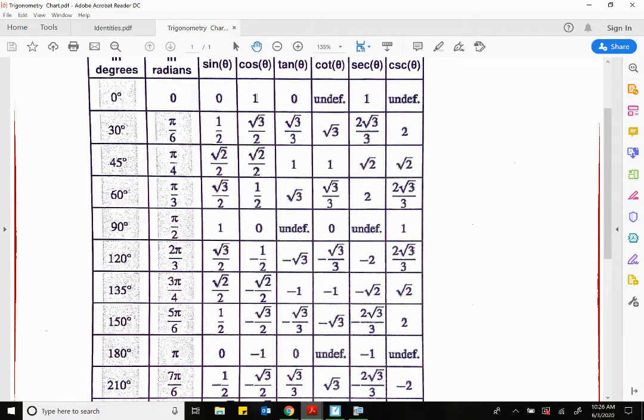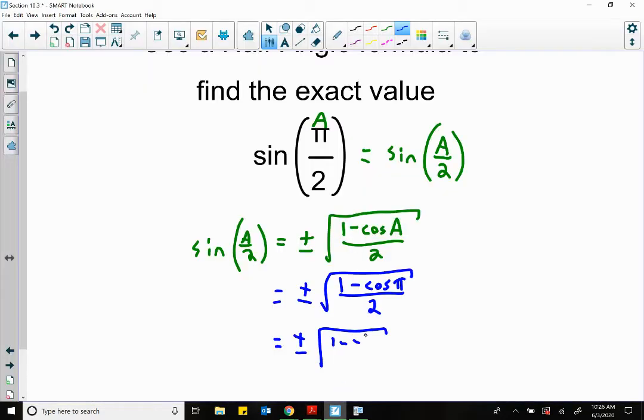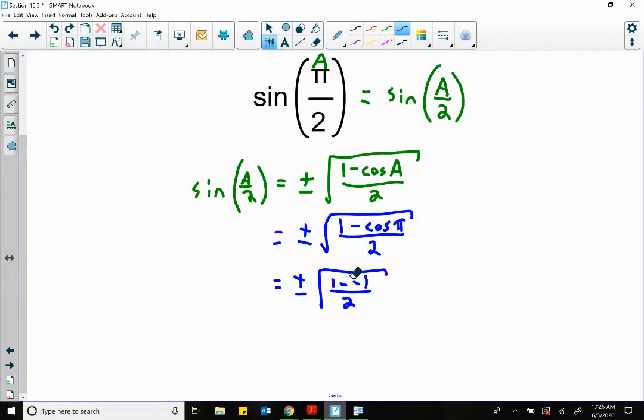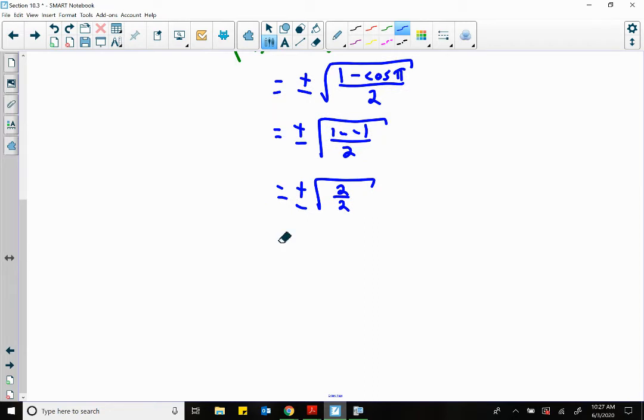Yeah, negative 1 divided by 2. Okay? A negative by a negative is a positive, so that gives you plus or minus the square root of 2 over 2, which is the plus or minus of the square root of 1, which is plus or minus 1.